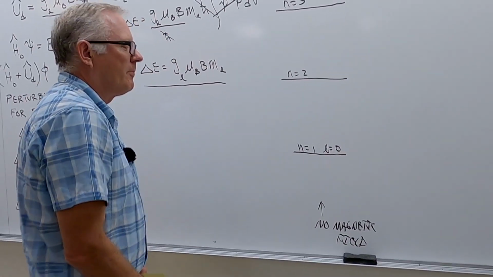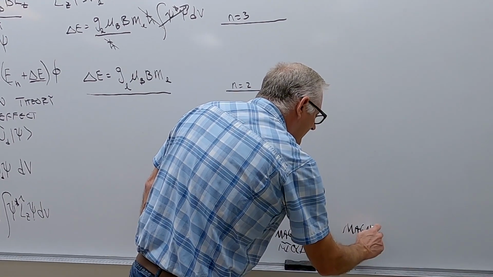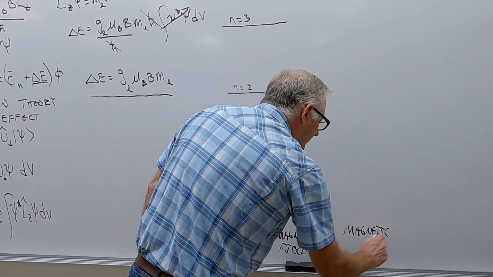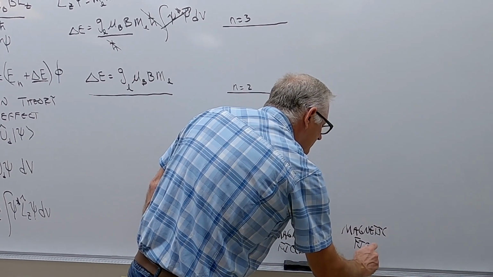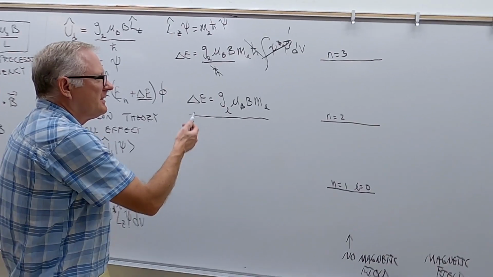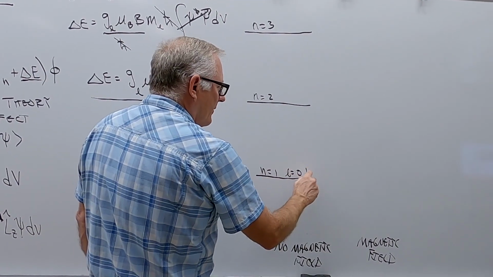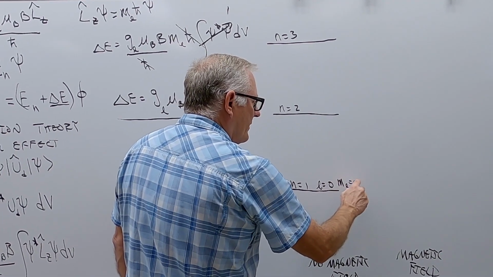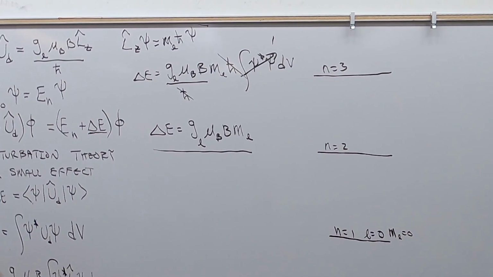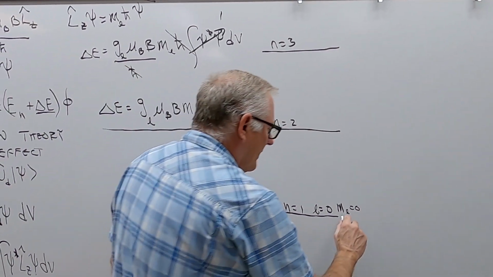Okay, and then what happens to it when I put it in a magnetic field? Well, first of all, this is how much the energy shifts by. But for L equal to 0, m sub L equals 0. And so the energy doesn't shift at all, because this would just stay the same.